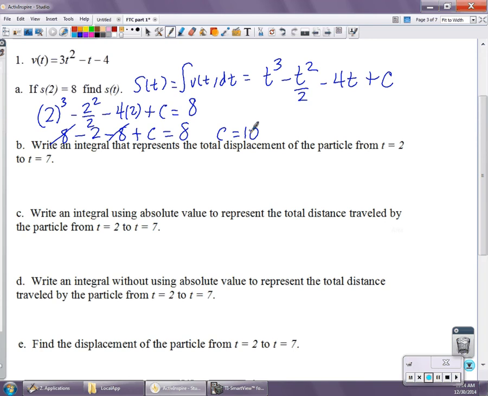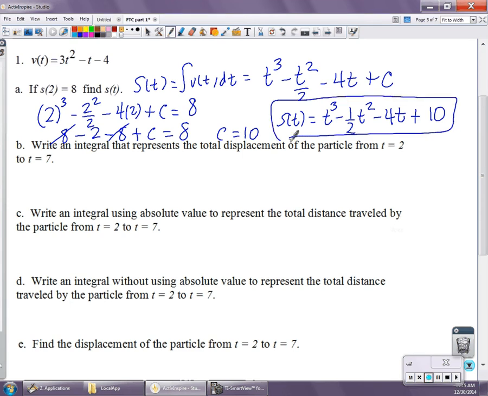And 4 times 2 is 8. Add 2. Okay, so s of t is equal to t cubed minus 1/2 t squared minus 4t plus 10. All right, hold on to that because we will need it a little bit later.